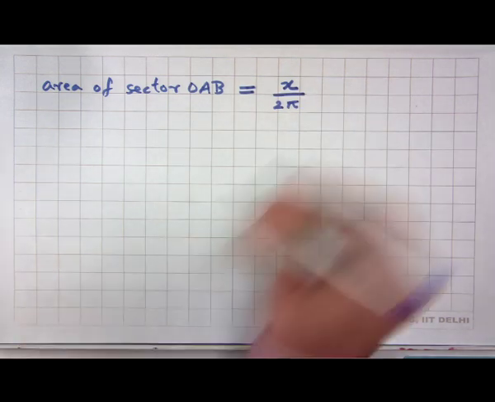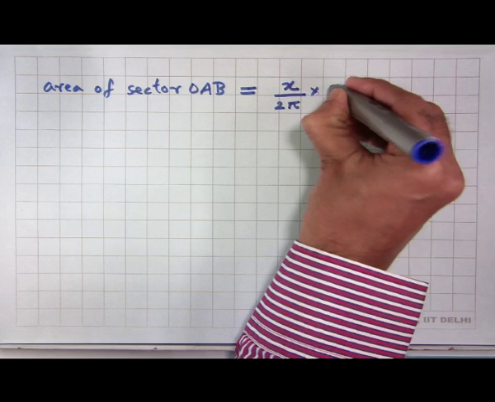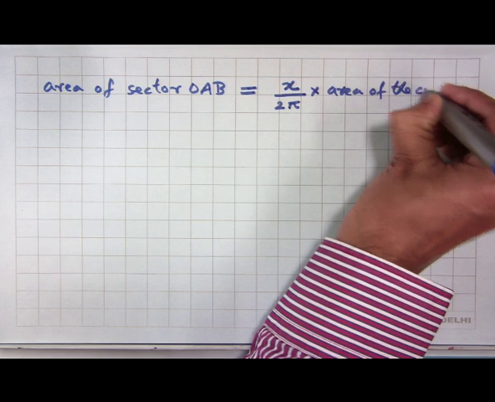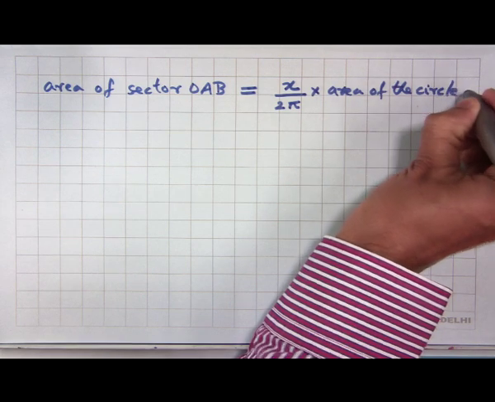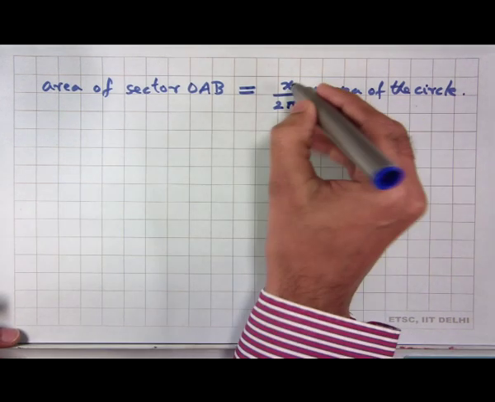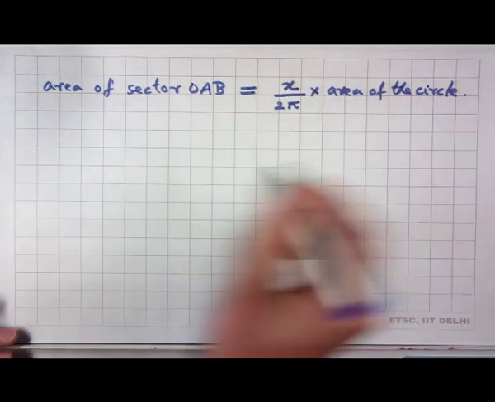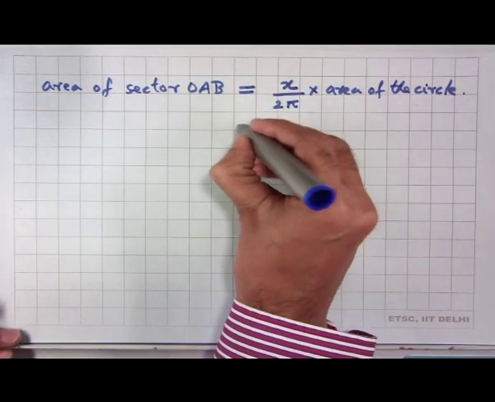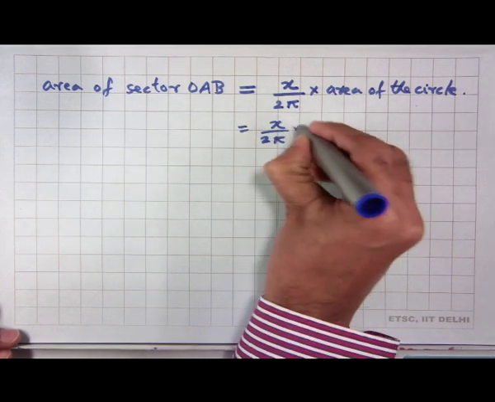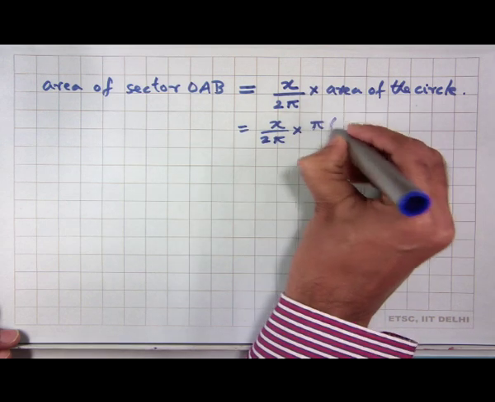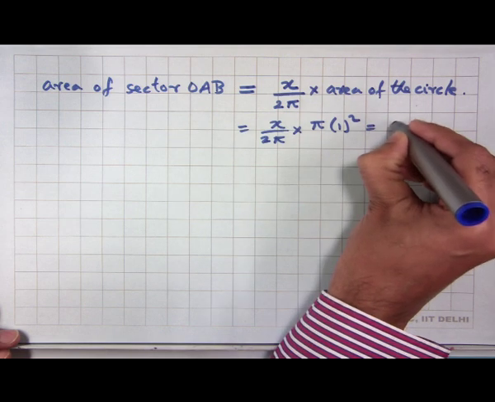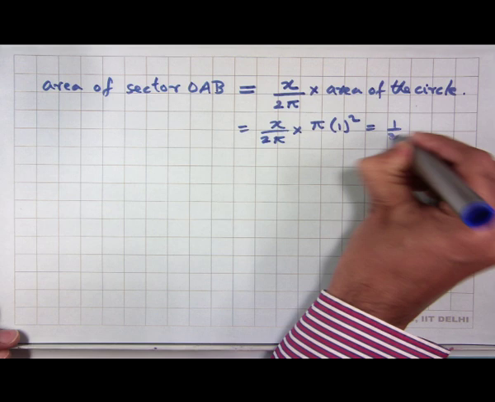So, x divided by 2 pi into area of the circle. Right. For 2 pi angle we get the whole area of the circle. So, for x angle we get x divided by 2 pi into area of the circle. So, this is equal to x divided by 2 pi, area of the circle is nothing but pi times the radius 1 squared. So, this gives me just half x.